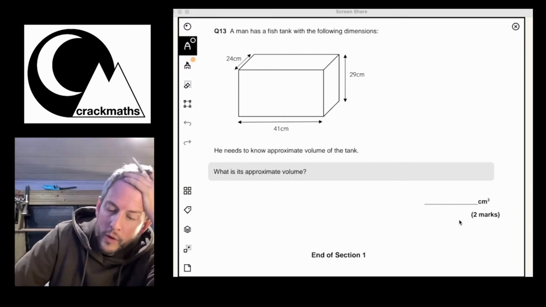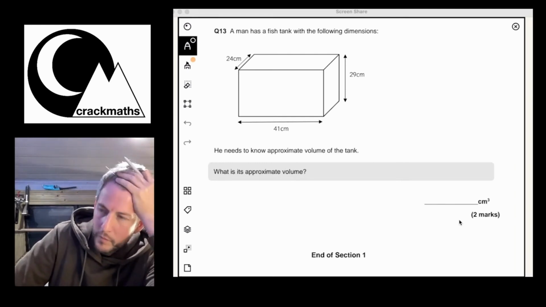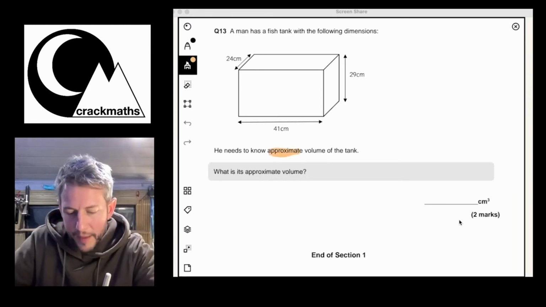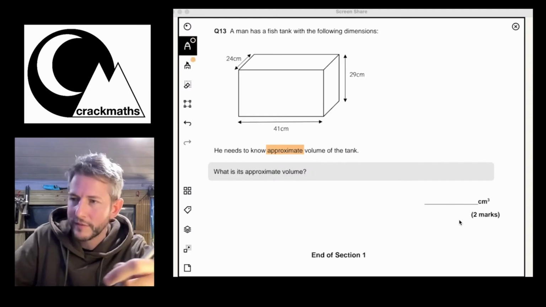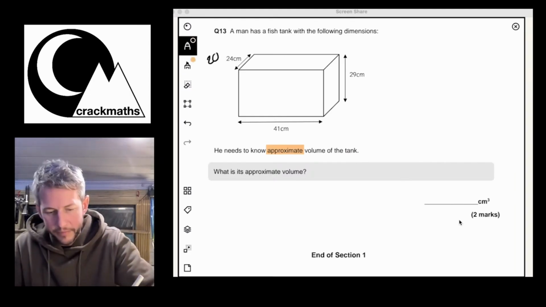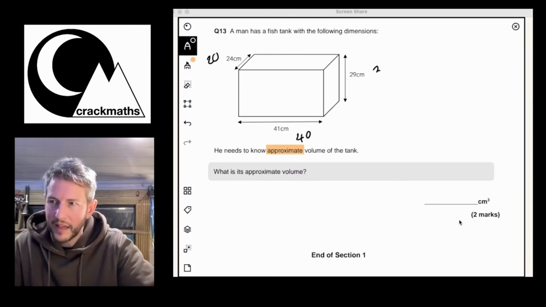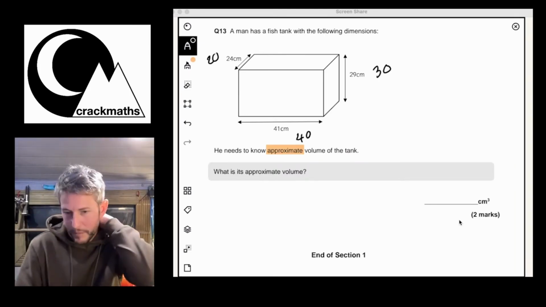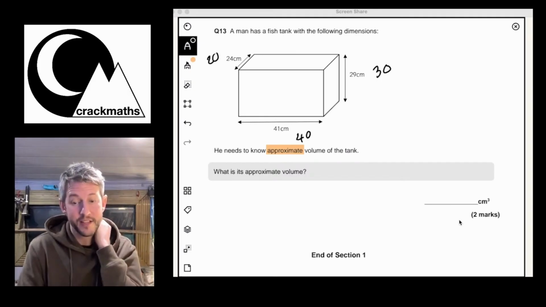They're all in centimetres, so that's fine. He needs to know the approximate volume of the tank. Approximate's nice, that means we can round these numbers. So I'm going to say this is 20, this is 40, and this is 30.